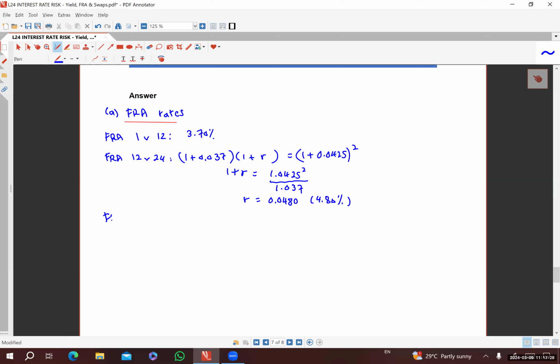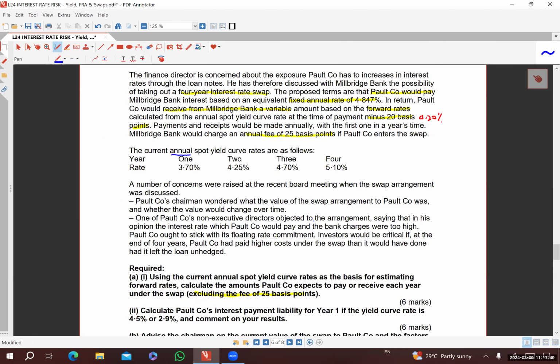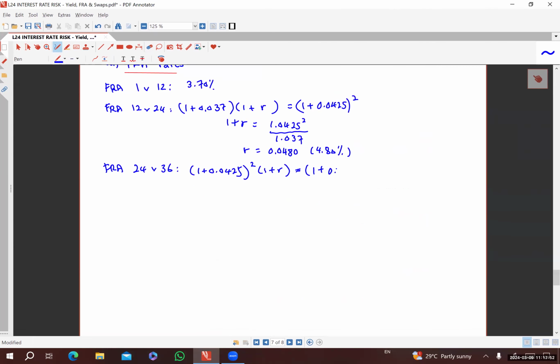Next one, the third year. If you invest $1 directly in a 3-year bond, the yield is 4.7% per annum. That gives 5.61%.